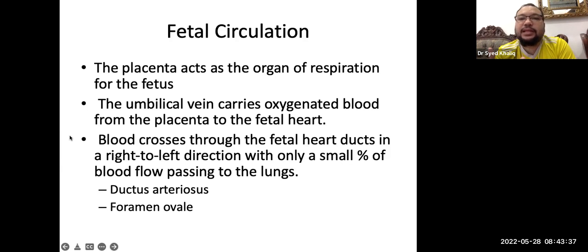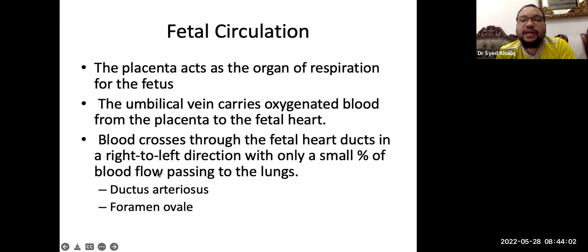So the placenta is the one that functions as the lungs, and the umbilical vein is the one that carries oxygenated blood. Whatever vessel goes into the heart is called a vein. Whatever vessel goes away from the heart is called an artery. Because of the pressures, as I mentioned before, there is a right to left direction.